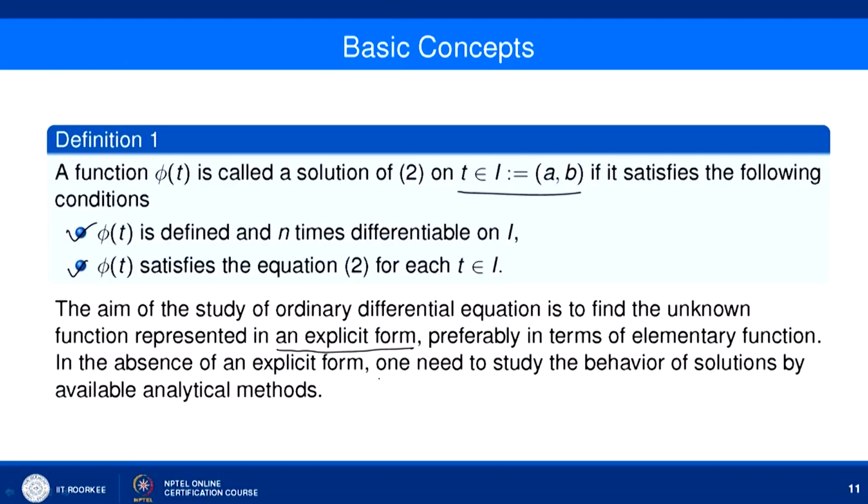And if you are not able to find the solution in explicit form, then we try to find the solution in implicit form, or we need to go further to study the behavior of a solution by available analytical methods. So, suppose we are not able to find the solution in explicit form, meaning y is given as some function of t.